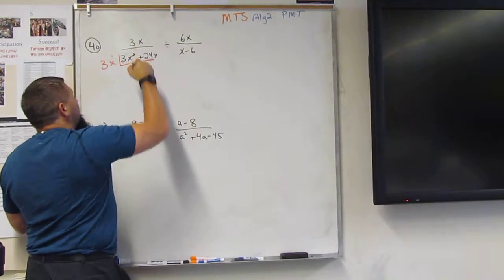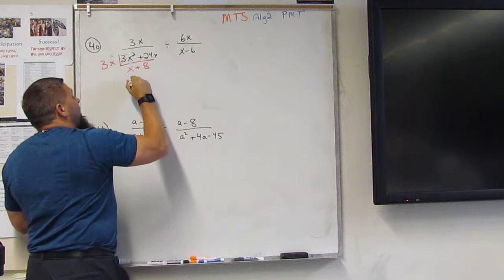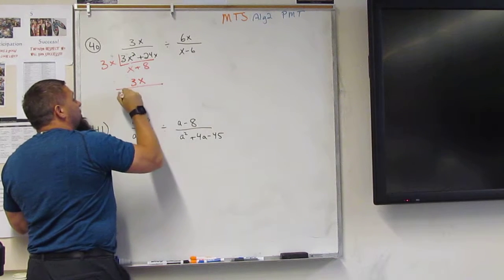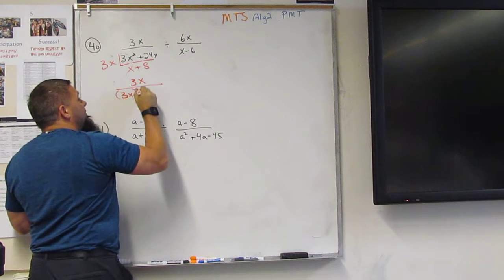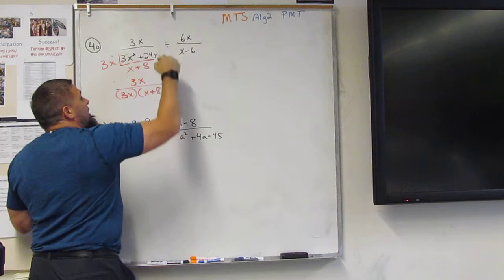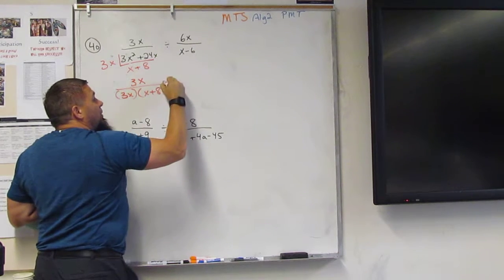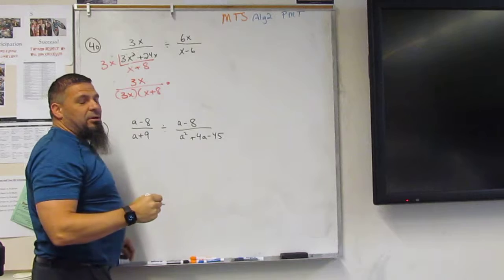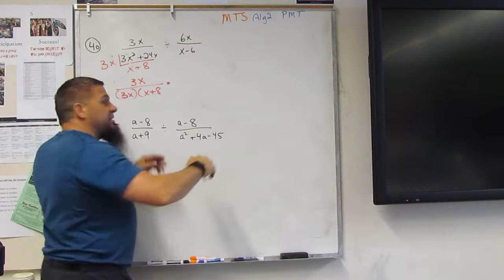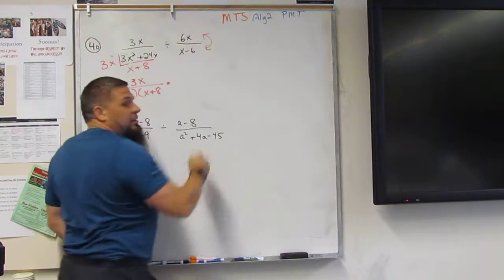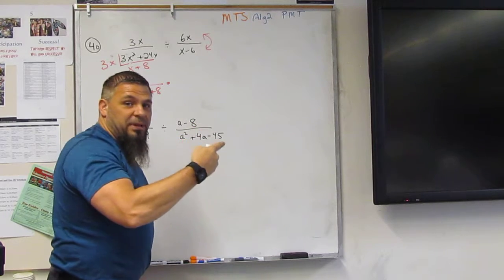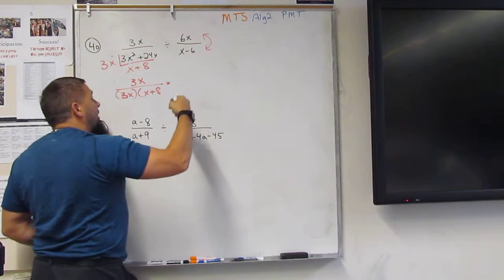The cool part here is then we've got 3x over 3x times x plus 8. Now this division, we can change to multiplication by flipping it, right? So we flip and multiply. Remember that from 3rd grade.